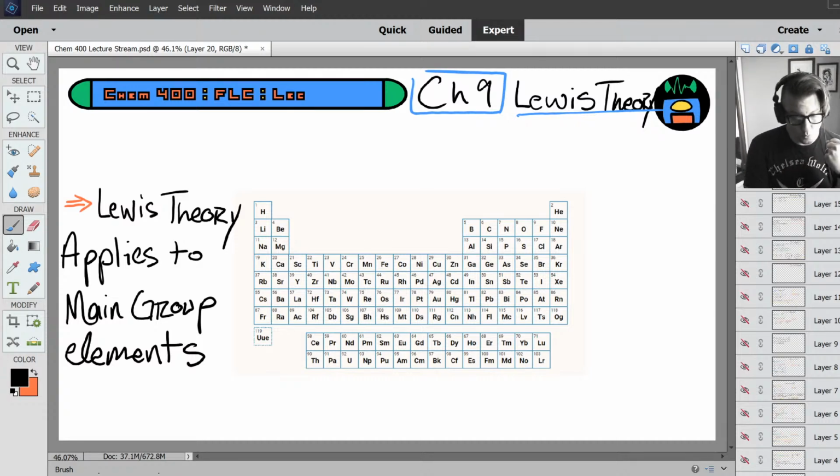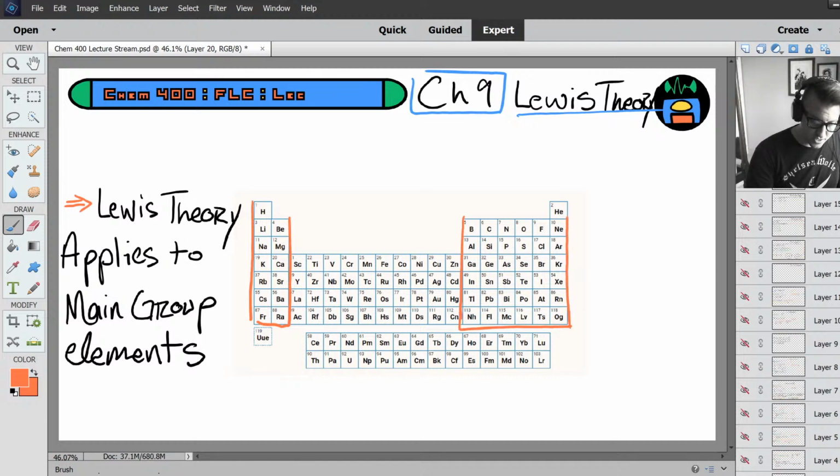So it doesn't explain the reactivity or behavior of the transition metals, and so we are going to restrict our exploration of Lewis theory to those elements for which it's operative, the ones that apply, right? And so when you're doing Lewis theory, you only look at the main group, to the exclusion of the rest of the periodic table.